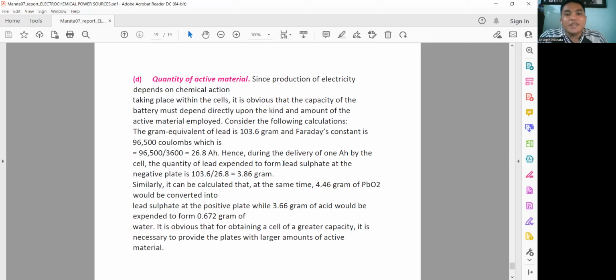Similarly, it can be calculated that at the same time 4.46 gram of lead oxide would be converted into lead sulfate at the positive plate, while 3.66 gram of acid would be expended to form 0.672 gram of water.